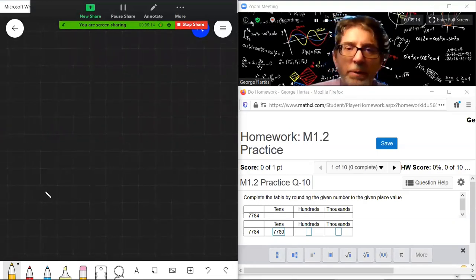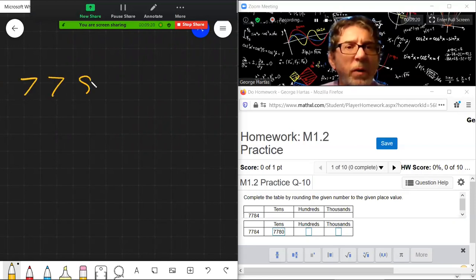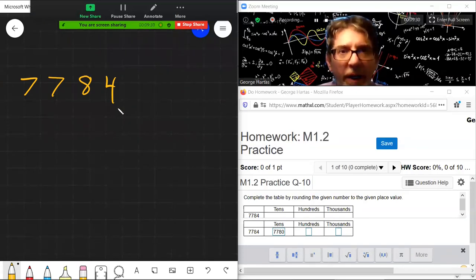Part two of the problem is still the same number, 7784. However, now they want us to round to the hundreds. So we find the hundreds and we underline it. Ones, tens, hundreds. This 7 is the hundreds.